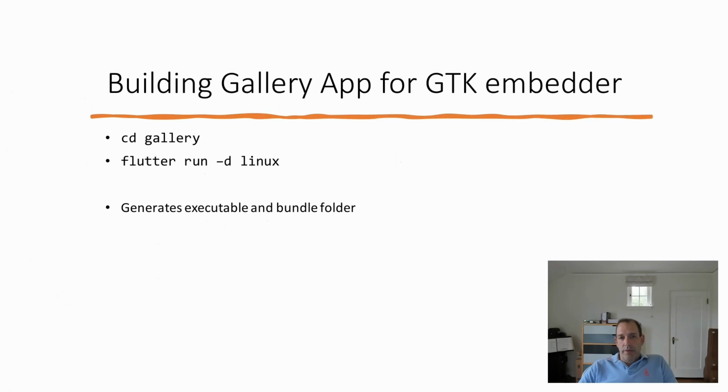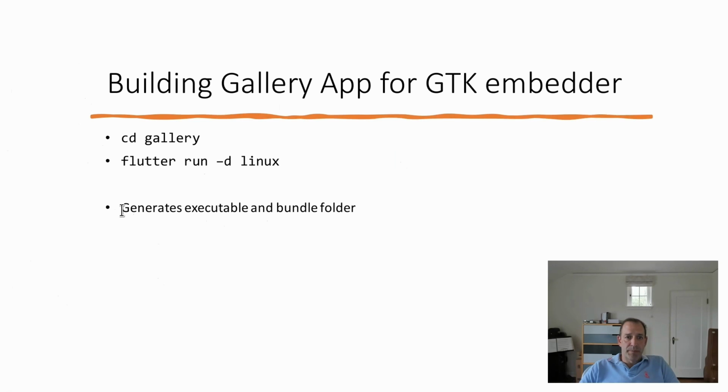If there are no other custom devices installed and you leave out the -d linux, it will default to the available platform that's present. And typically, if you don't have any custom devices installed, it will default to the host machine type.